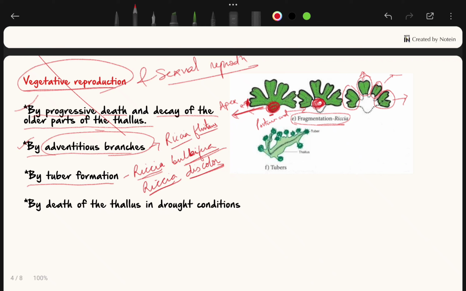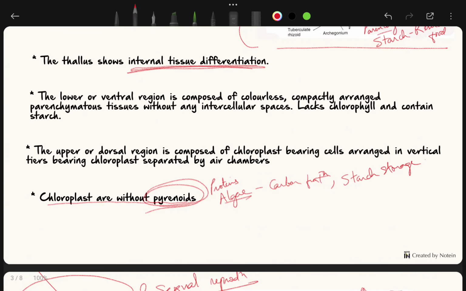So what happens is that after the growing season, the plant body will start producing tubers at the apical region. These tubers will grow on the ground, and then the main plant body will start to die off. During favorable conditions, each of these tubers will give rise to a new plant.